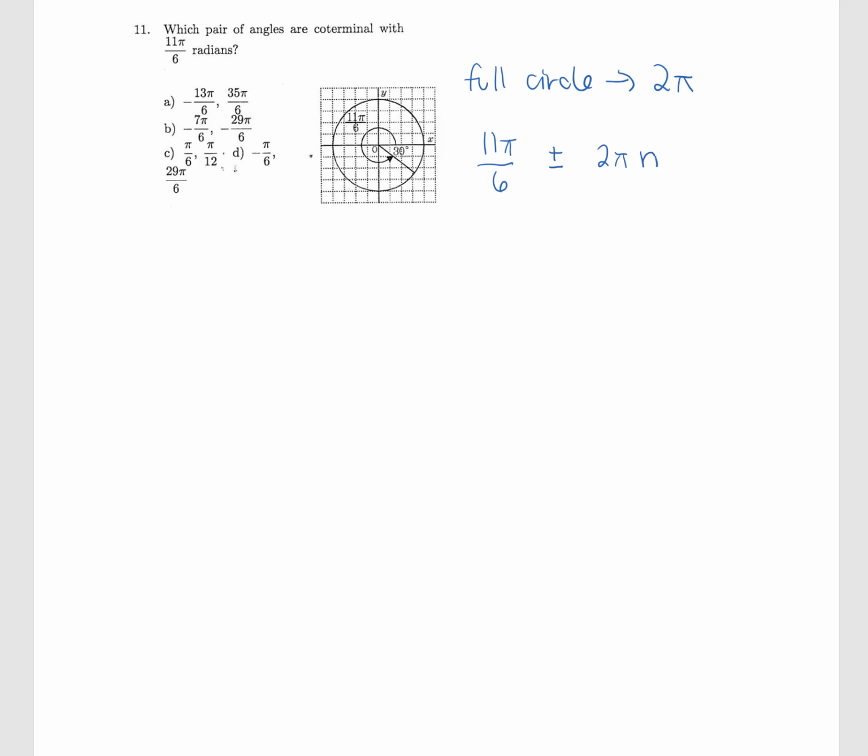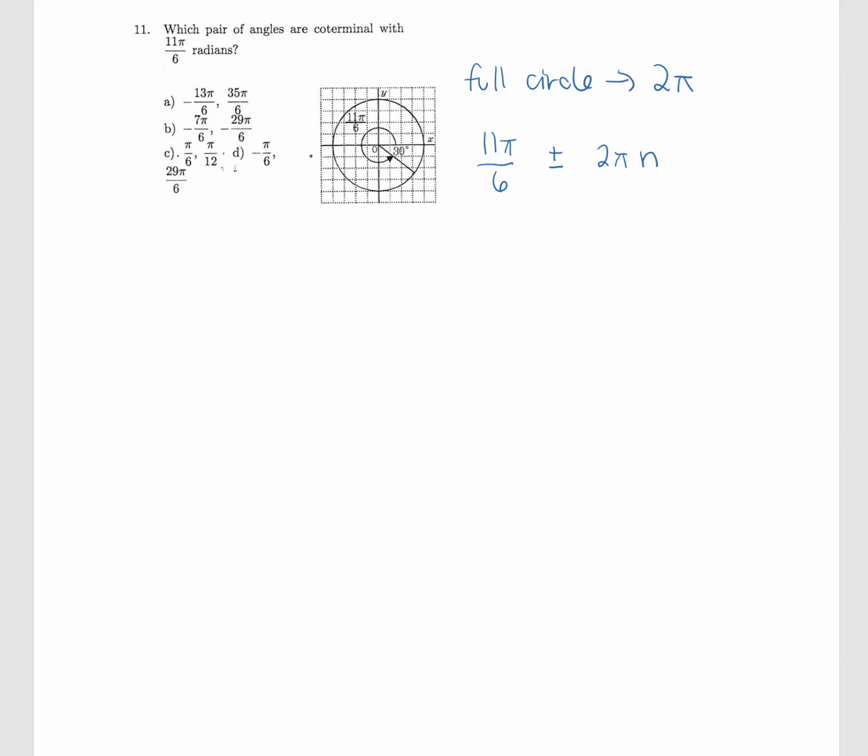And so we can just figure out this question by either adding or subtracting 2 pi n and then figuring out which of the answers are present in what we've been given for our choices.